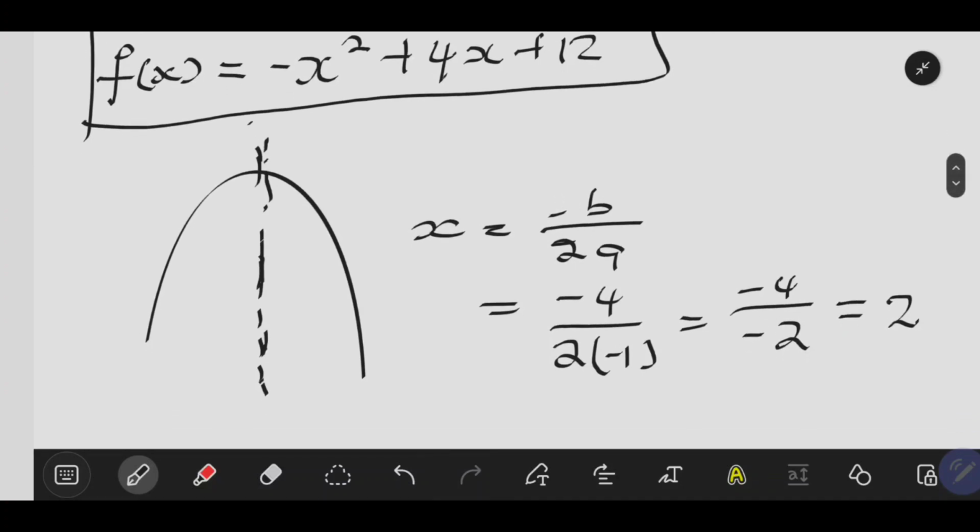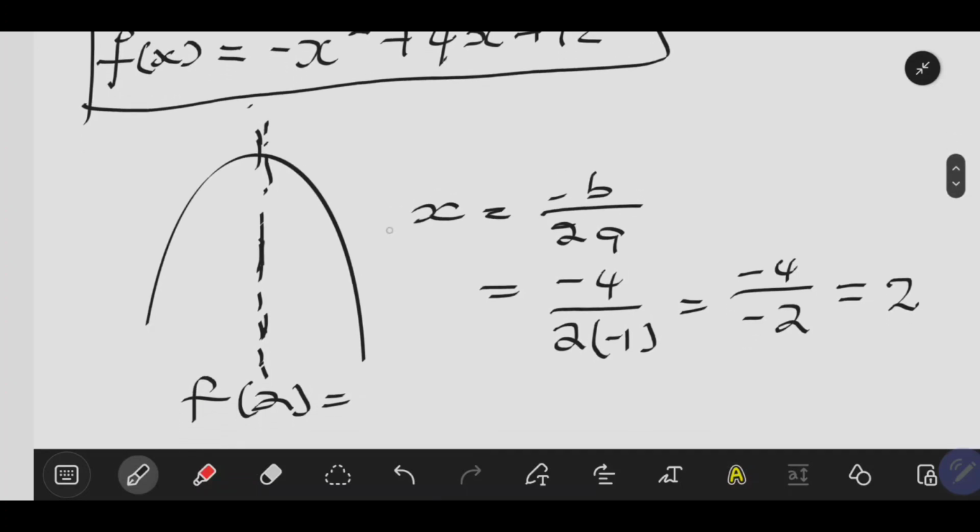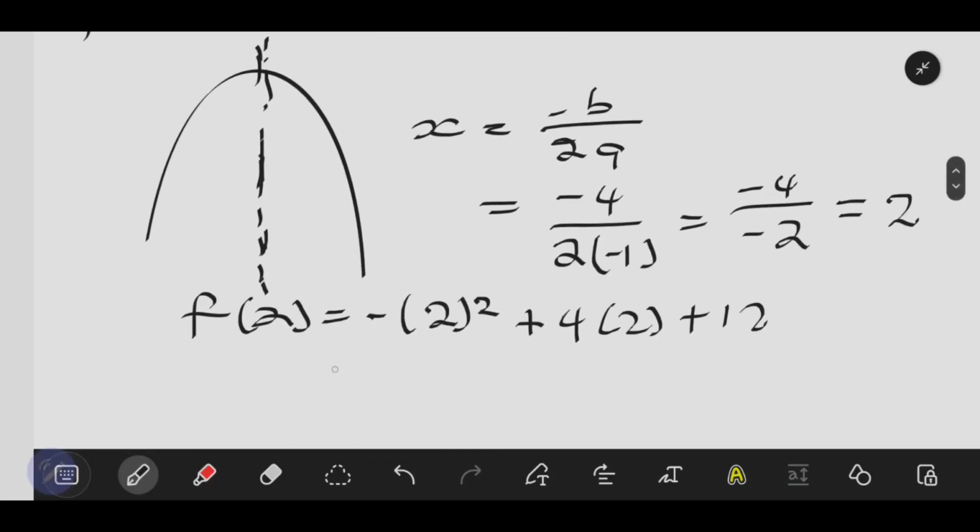Then to obtain the corresponding y value, we say f of 2 is equal to, wherever we see x we put 2. Our equation is negative times 2 squared plus 4 times 2 plus 12. When you simplify this, you get 16.